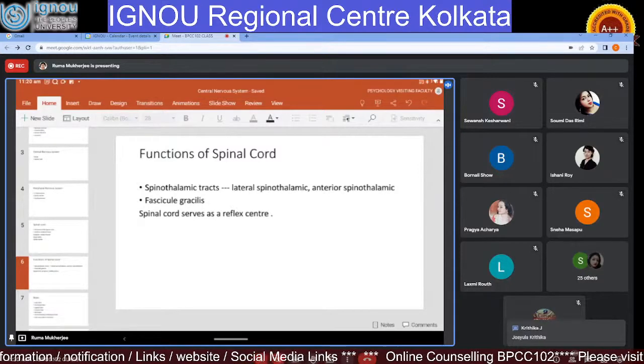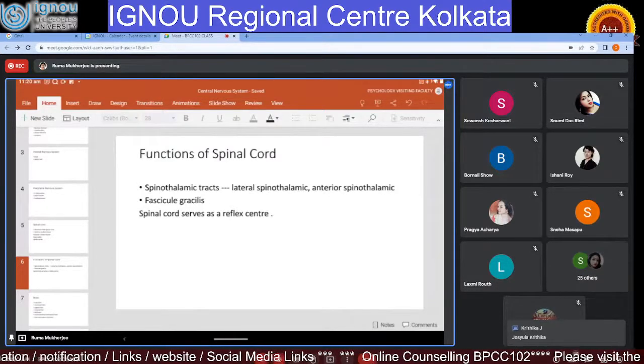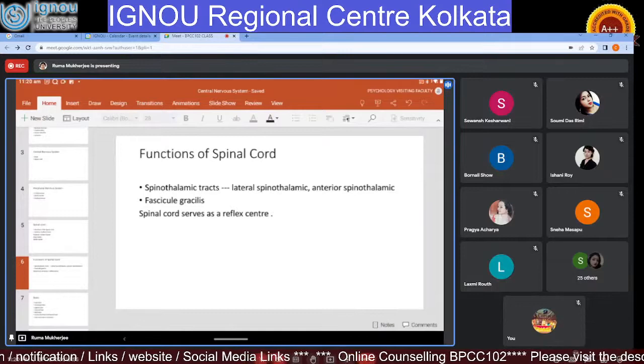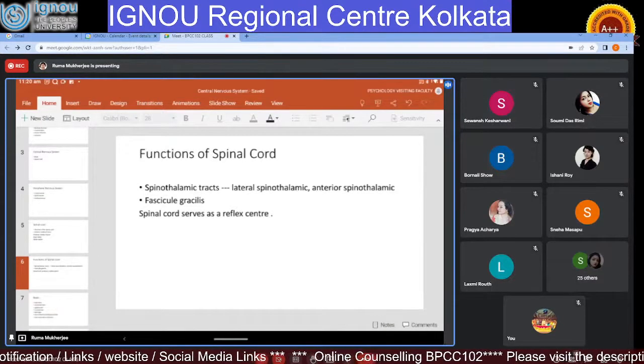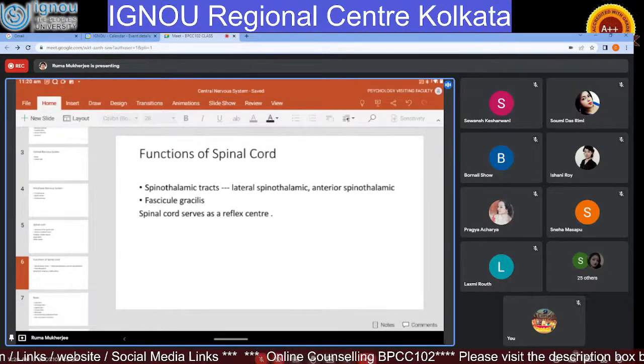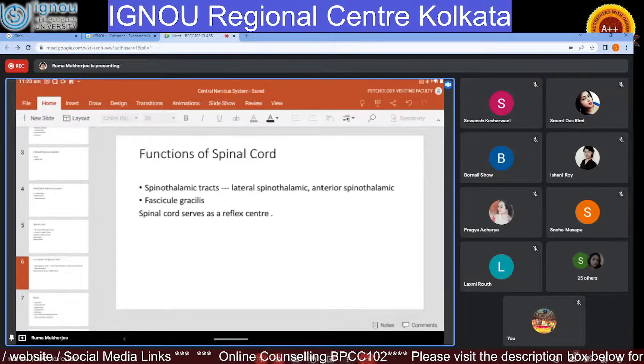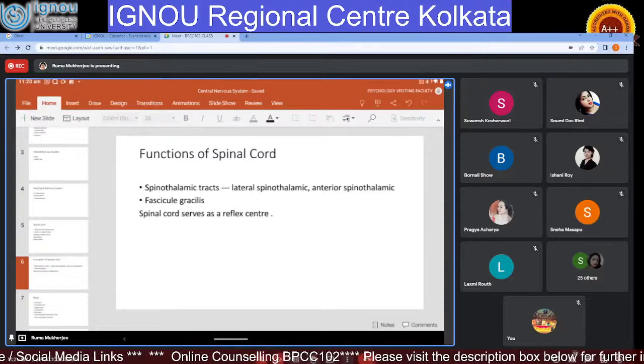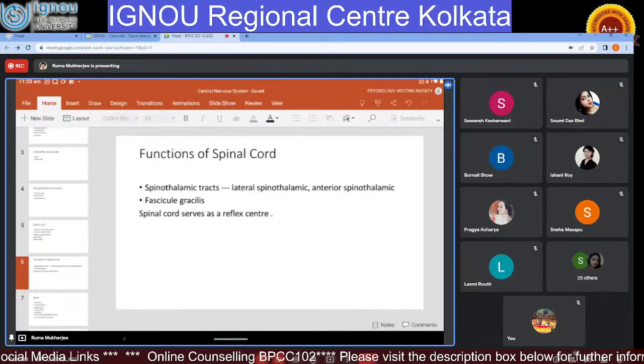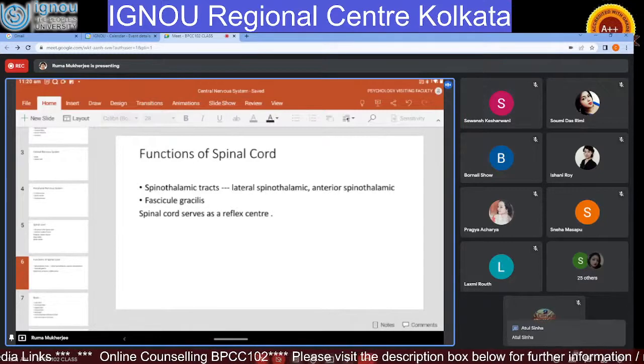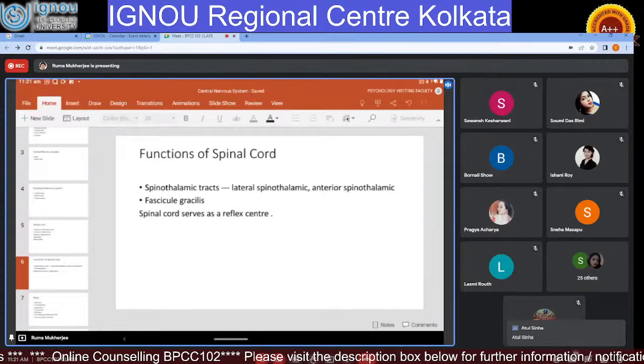Then the medial reticulospinal tract has an inhibitory influence on motor functioning, while the lateral reticulospinal tract has a facilitatory influence on the motor neurons going to the skeletal muscles, and the rubrospinal tract helps in coordinating body movement and posture.